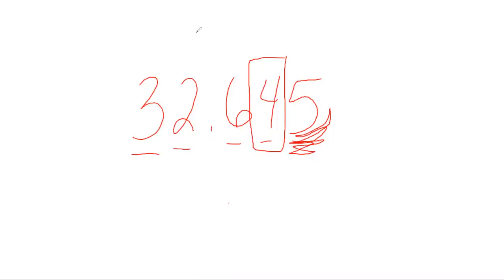Now, the book says if this digit is greater than or equal to 5, so if there is a 5 here, or if it's greater than 5, this 4 rounds up. So our correct answer becomes 32.65 if we're rounding to the 4th significant digit.